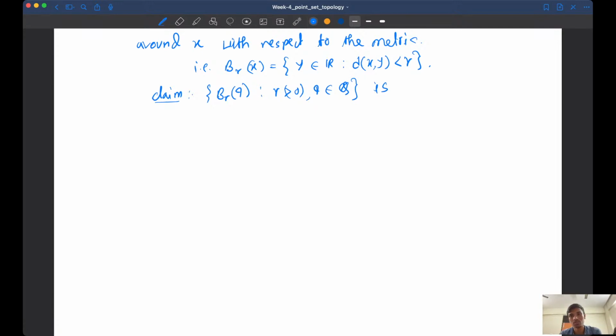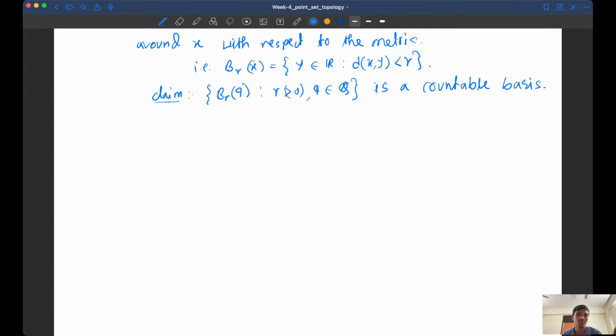Is it better to take r equal to 1 by n, something like that, because you just wrote r greater than 0? But that may not work always, right? Because you have to cover all the open sets.